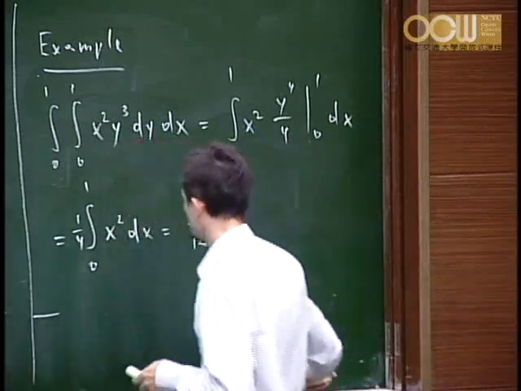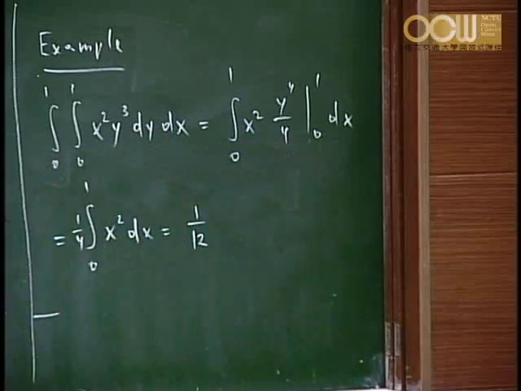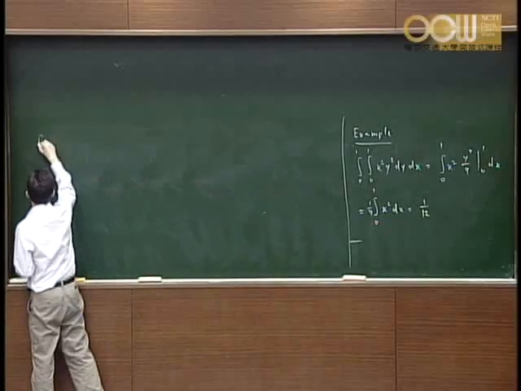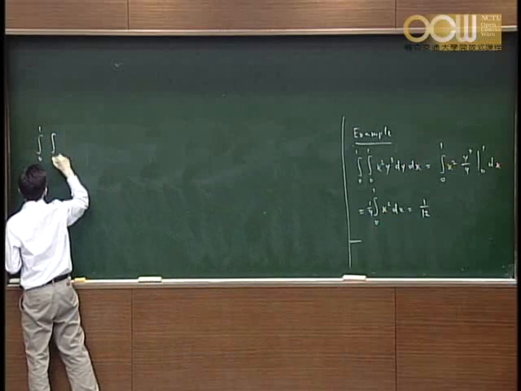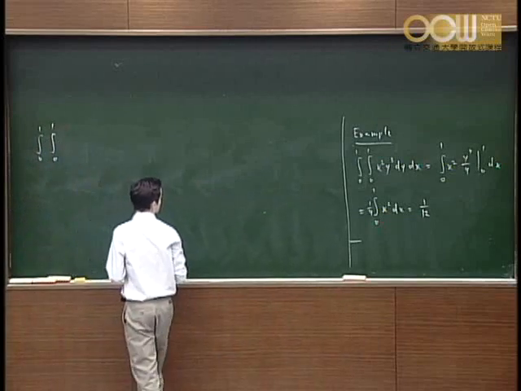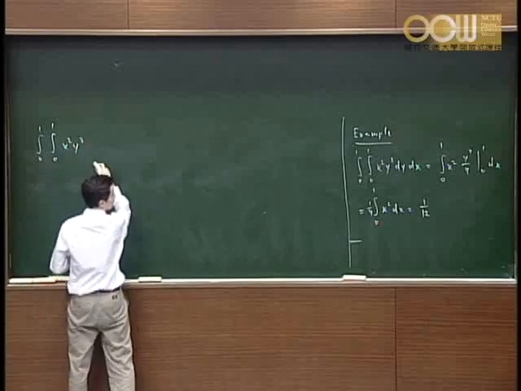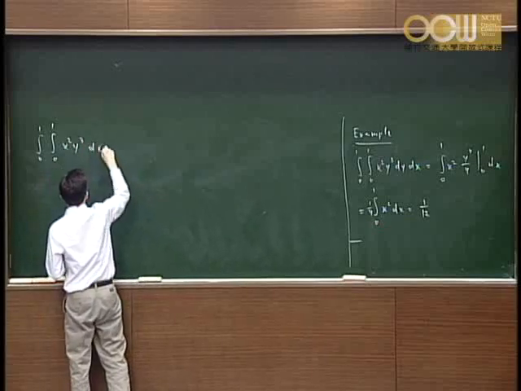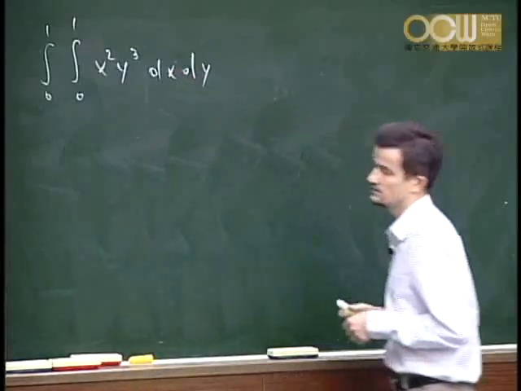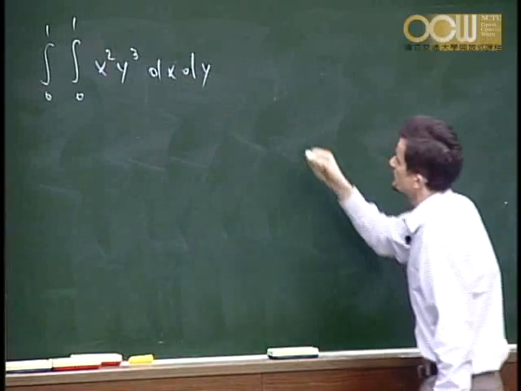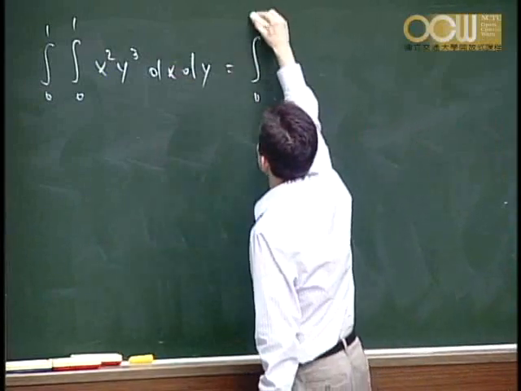Now, how about the other direction? The same integral, but with the roles of x and y interchanged. If you do this, then you have the integral from 0 to 1.